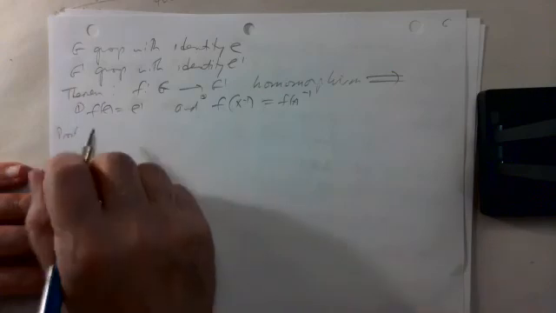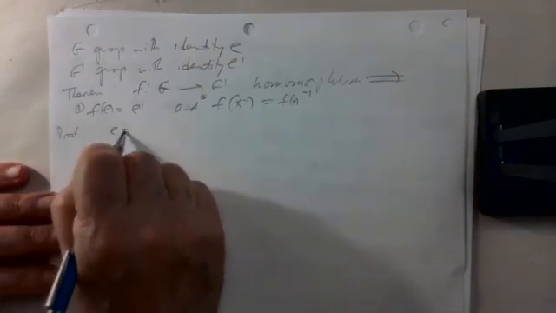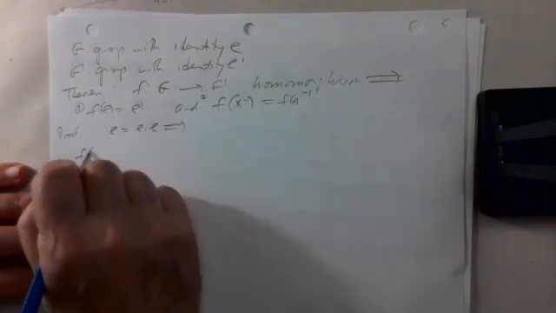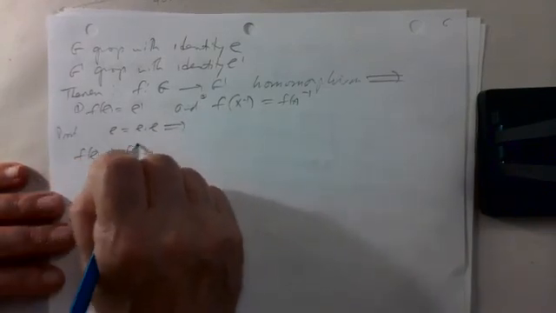And the proof is very simple. I'm writing everything multiplicatively. That's the best way to do it. If you have E and you multiply it by itself, you get the identity. So F of E is F of E times E, because these are the same.